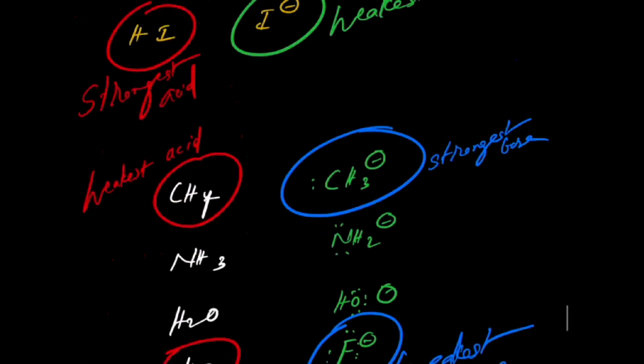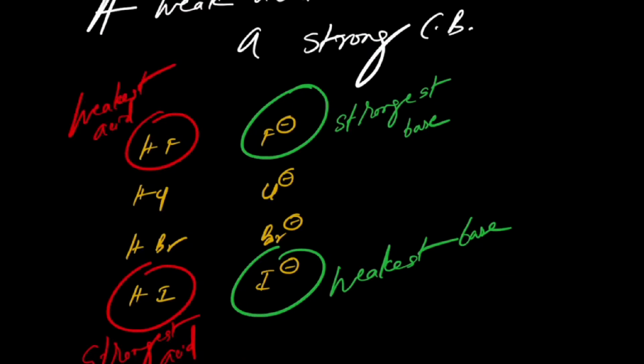And here you looked at the stability of conjugate bases by looking at their sizes. Why? Because these are all of different sizes. The larger the size, the more dispersed the negative charge and the more stable the anion is. So I minus was the most stable. That's why HI was very happily giving away proton. Because iodine is happy without proton, and fluorine is not that happy without proton because the size is small, and because of the small size, the concentration of charge is more, and it is more reactive. More reactive means less happy.